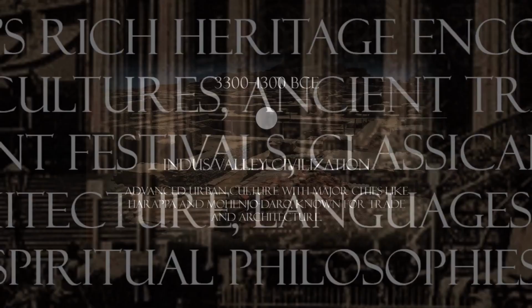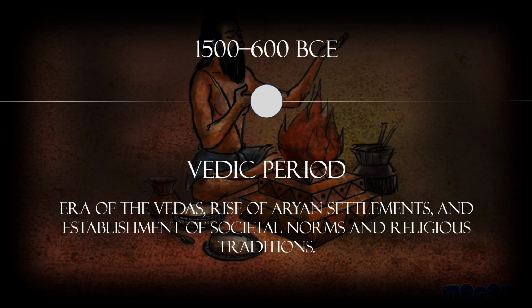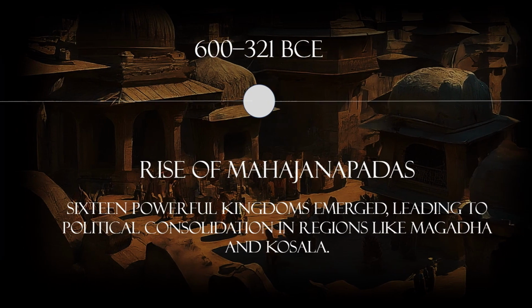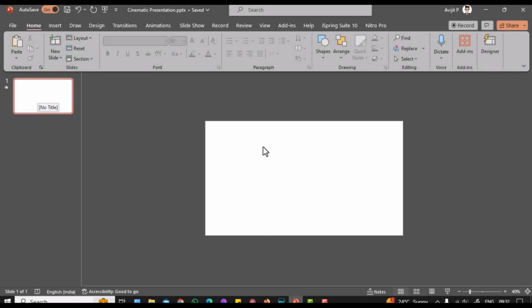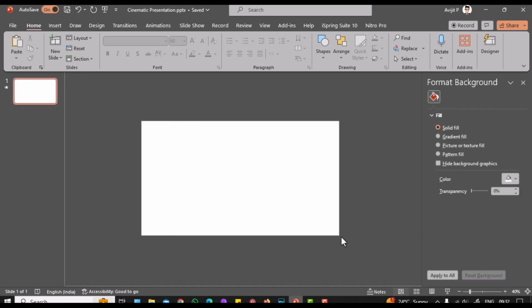Today, we will learn how to create a cinematic presentation in PowerPoint. Start with a blank slide. Set the background color to black.